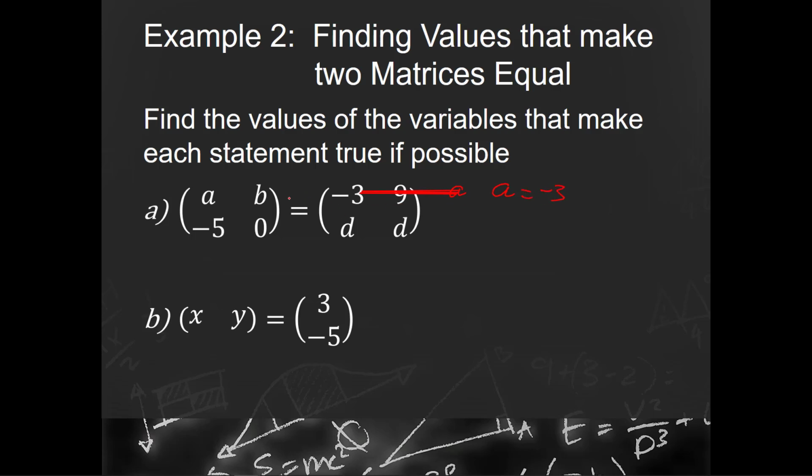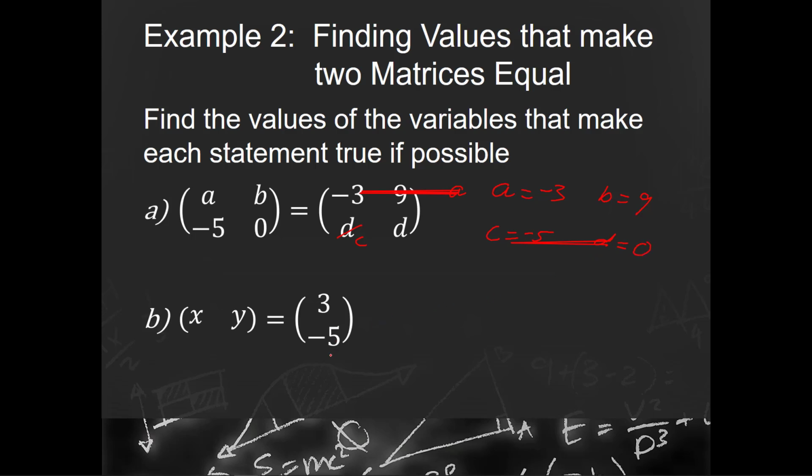Since this is 9, we will want B to be equal to 9. Since this is -5, this actually should be a C. We want C to be equal to -5. And then since this is 0, we would want D to be equal to 0.